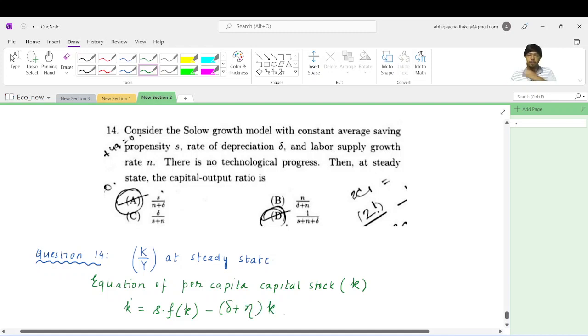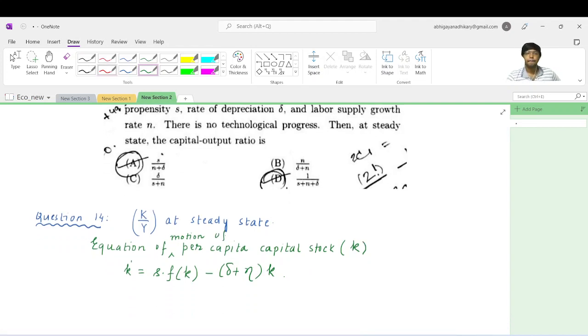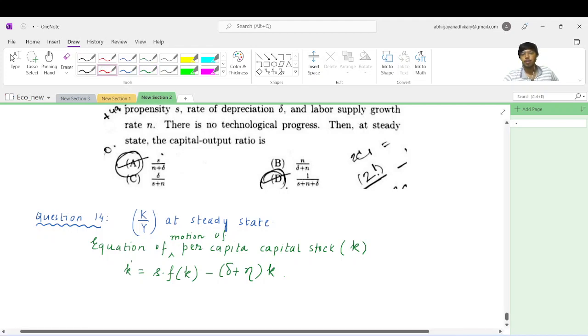This was the equation of motion of per capita capital stock. I hope you remember this. Where, what is small f of k? It is y by l.